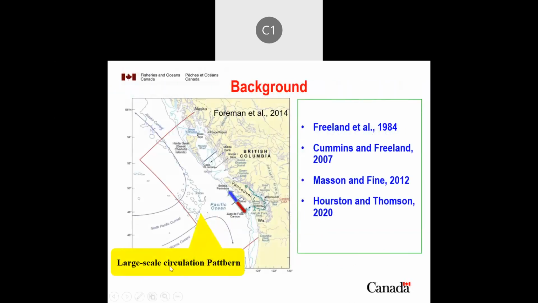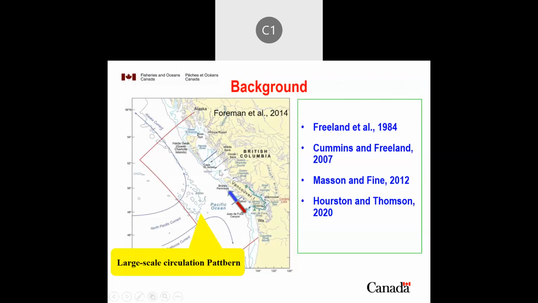So we are looking at the Northeast Pacific, and the North Pacific Current flows eastward towards the US and Canada coast in the mid-latitude at the surface, and it separates into two branches. One is the poleward-flowing Alaska Current, and another is the equatorward-flowing California Current.